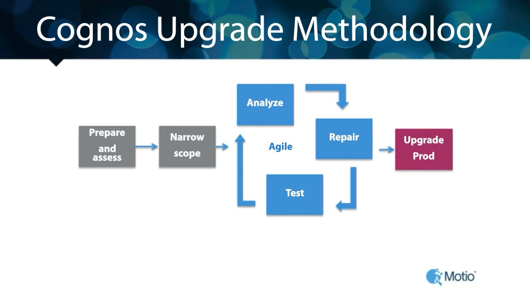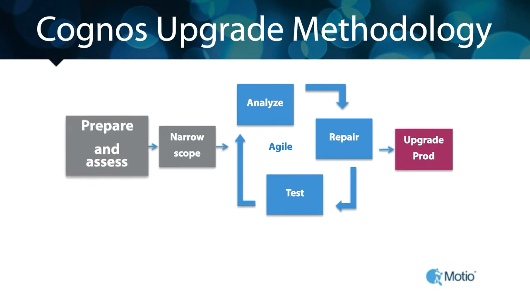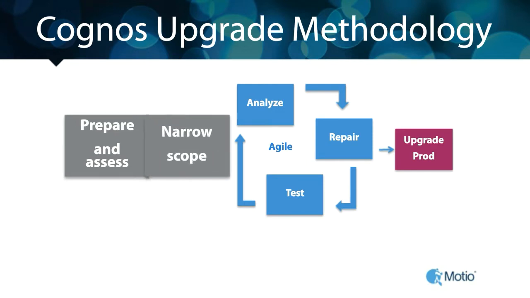Your first step is simply preparing your Cognos sandboxes, installing Modio software used for testing, and then assessing what you've got going on in your current Cognos environment. And what you're going to look for are the reports and the content that you actually use the most. From there, you'll narrow down what you're going to move to your new Cognos environment.